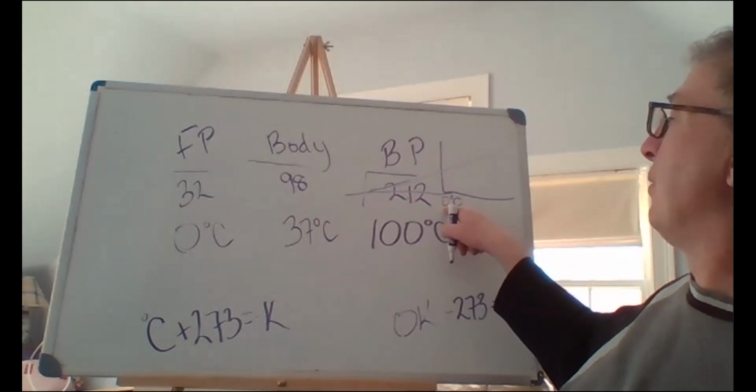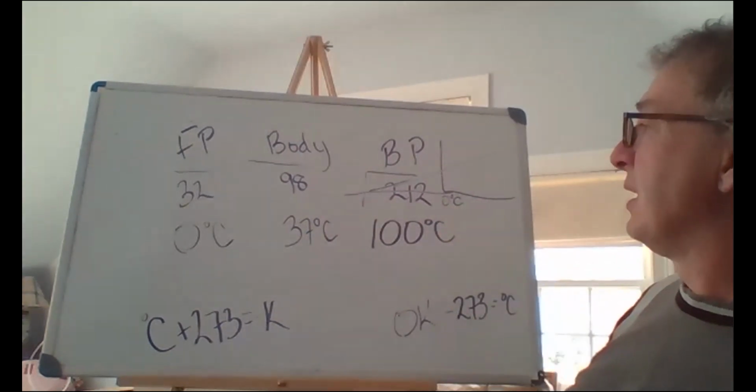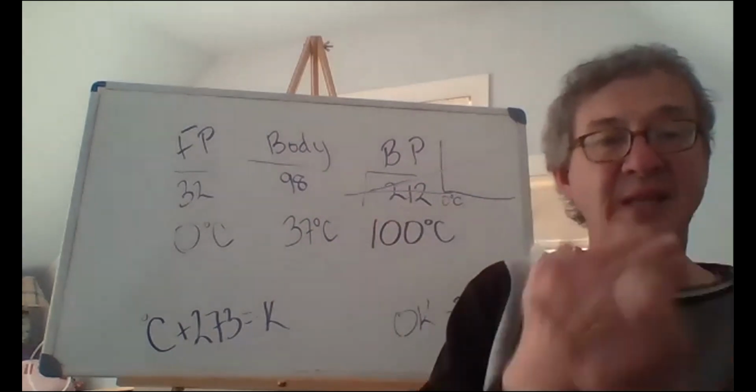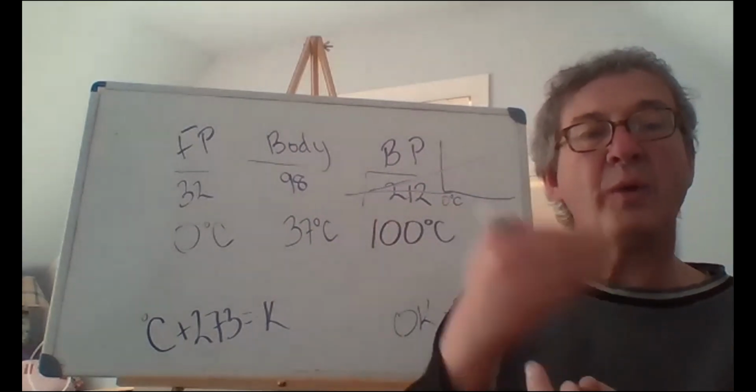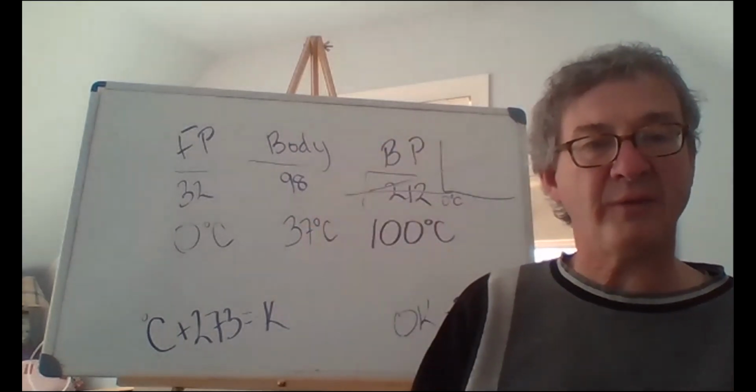If it's 0 plus 273, that's Kelvin. In other words, whatever the Celsius is, you add 273 to get Kelvin.